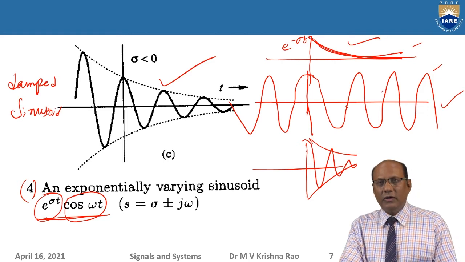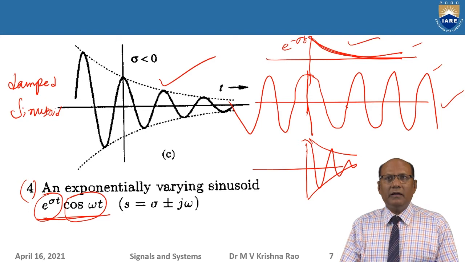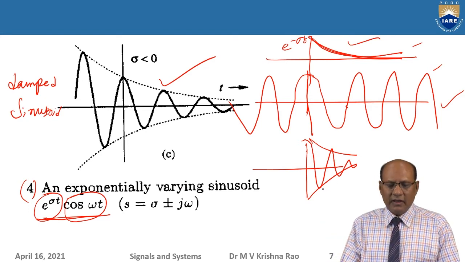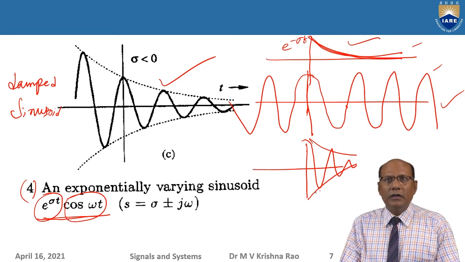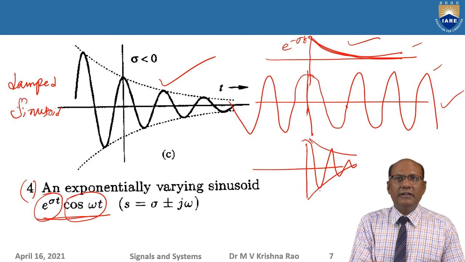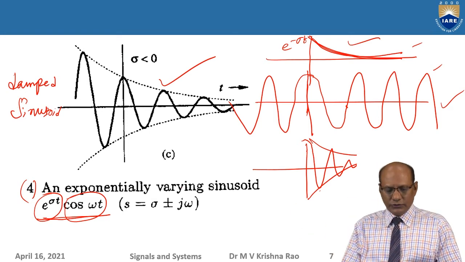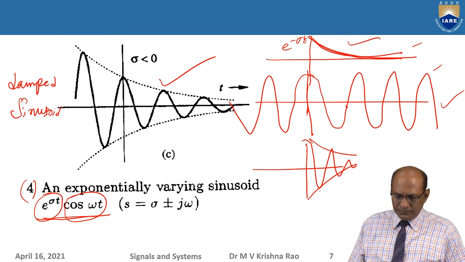It is coming down slowly, and over a longer interval, somewhere it will become zero. Asymptotically it is approaching zero. That's why it is called a damped sinusoid. The sinusoid is damped. Its amplitude is reduced.